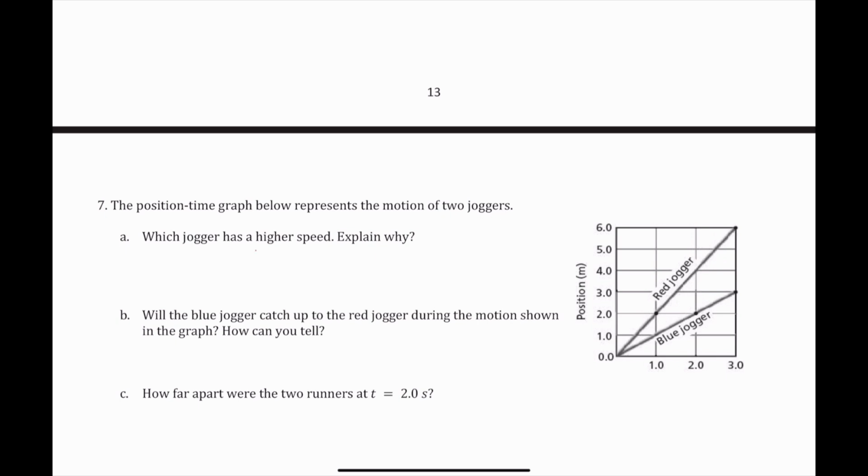The position-time graph below represents the motion of two joggers. Which jogger has a higher speed, and explain why? If we take a look at the graph, we can see that the red jogger has a steeper slope than the blue jogger.